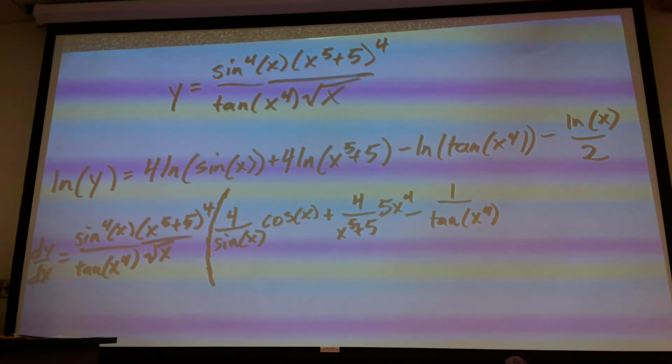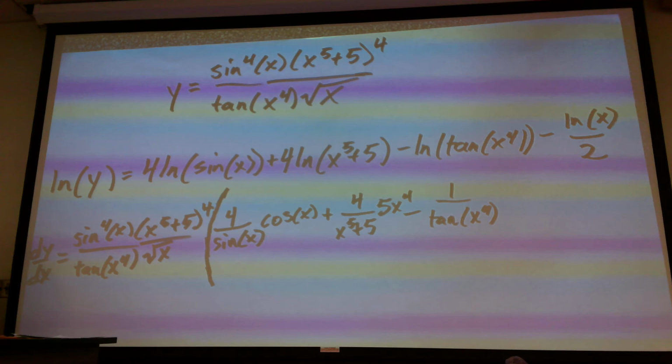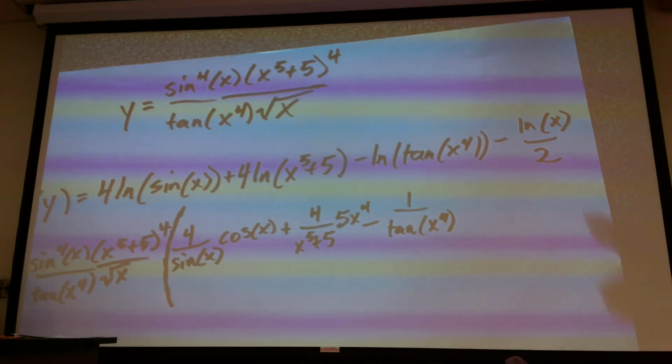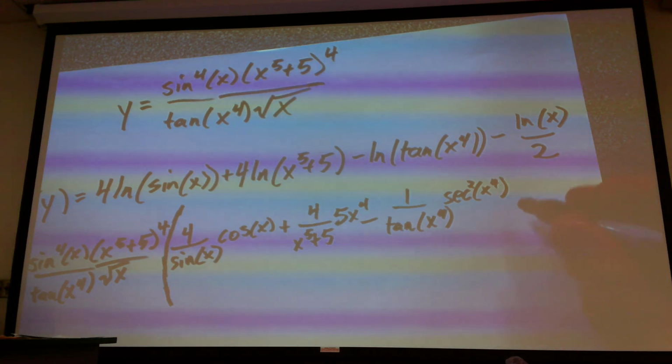Okay. This guy is actually going to be nested in 3 ways. So the first thing to do is to take the derivative of the logarithm. The next thing to do is take the derivative of tangent, which is secant squared of x to the 4th. Okay? And then we have to take the derivative of x to the 4th. Okay, cool. We're going to actually fit all this on here.